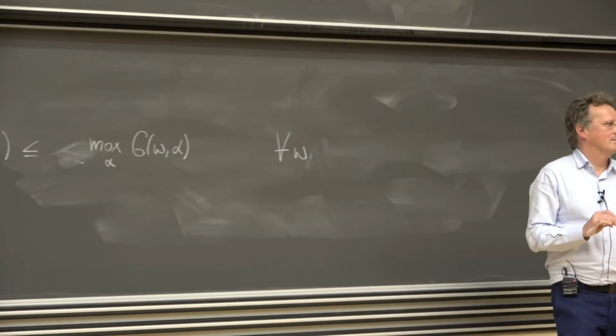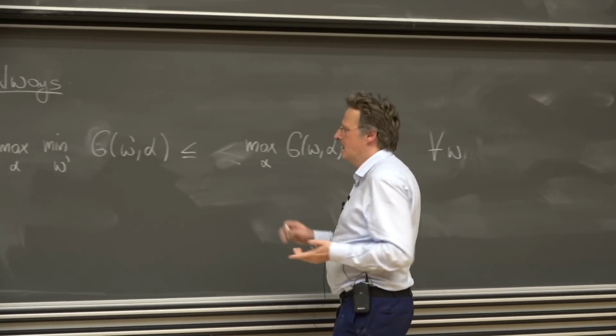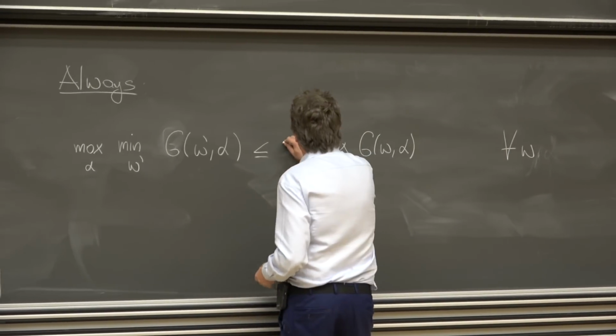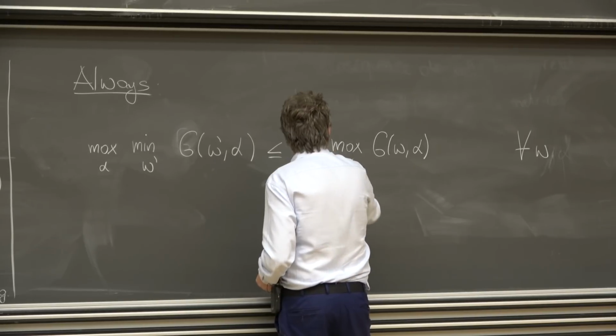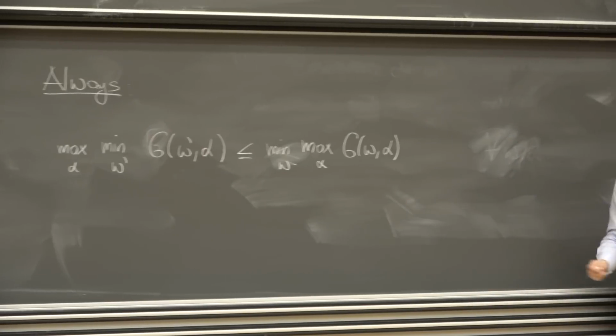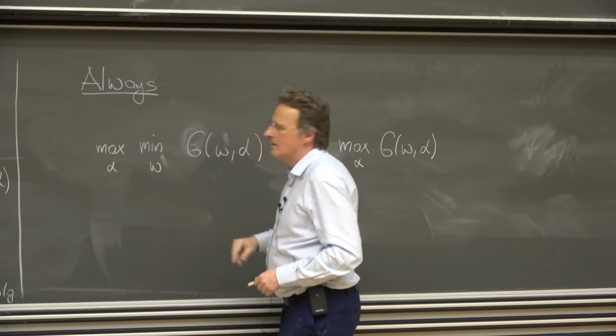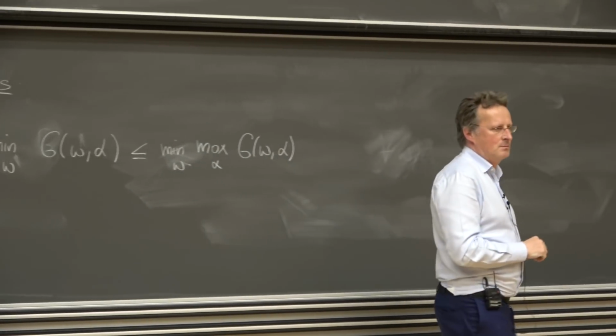Any objections? Fine. And of course, this is true again for all W, so now I can still take the minimum over the W. And whether I write here W prime or W doesn't really matter. So this is always true.